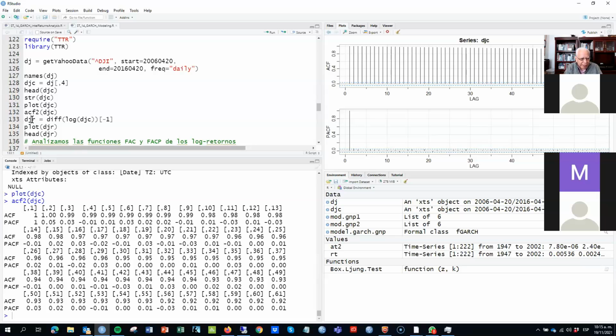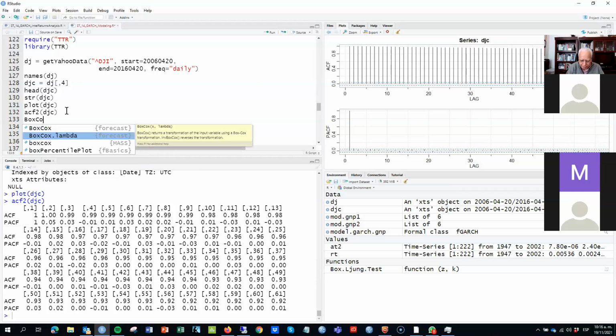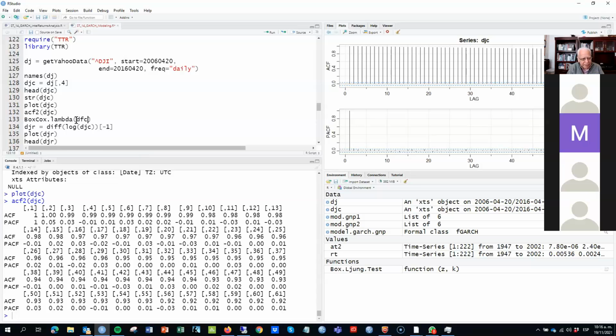Now, the other thing that we are going to do with this type of data, we're going to be working with the logarithm. If we want to check with the Box-Cox lambda for this time series for DJC, Dow Jones closing price.